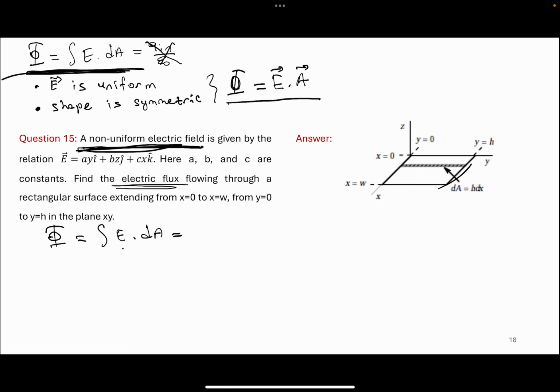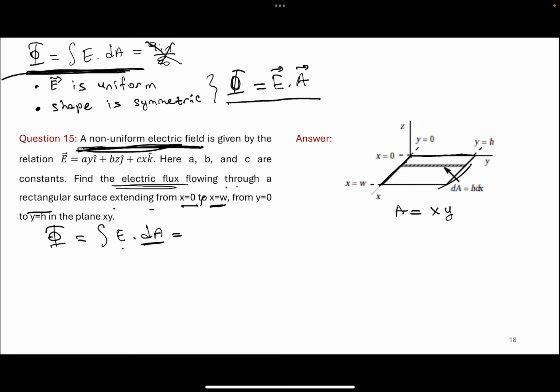I know the electrical field, but I need to describe the surface area, I mean the dA. How can I describe the surface? Normally, on a rectangular surface, I can describe x and y. But it says find the electric flux through a rectangular surface extending from x equals 0 to x equals w.